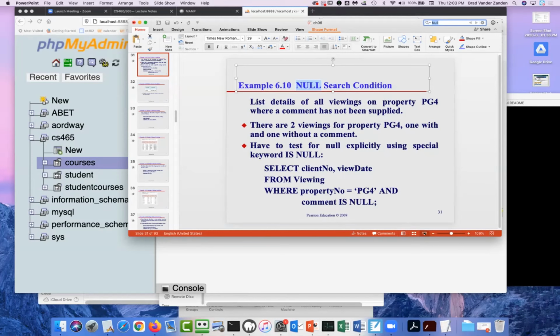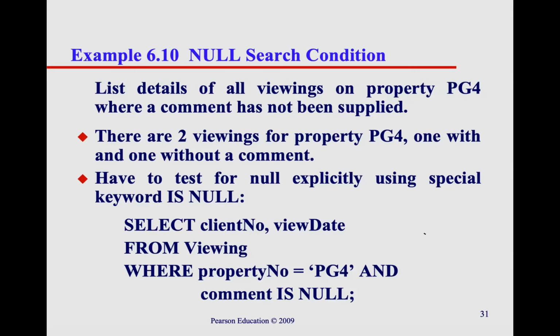So I want to list the details of all viewings on property PG4 where a comment has not been supplied. That would mean that the comment field is null. The way that you test for null is you actually say comment is null. You don't say comment equal null.